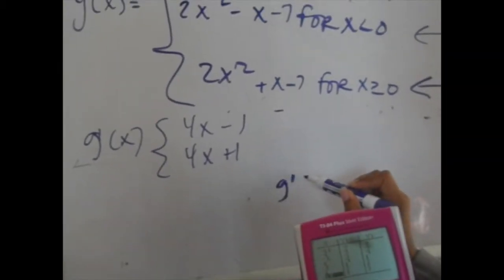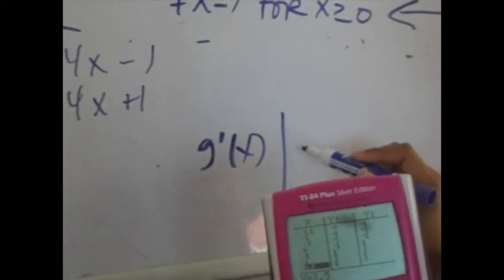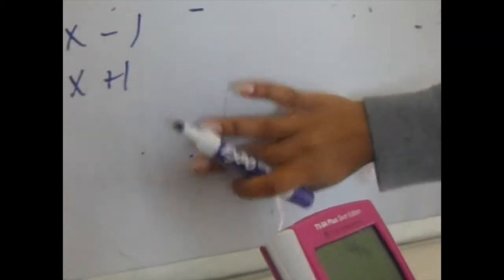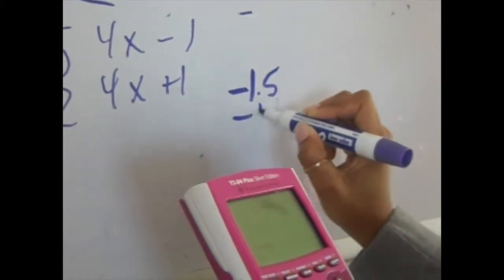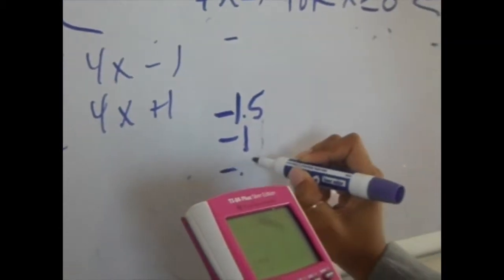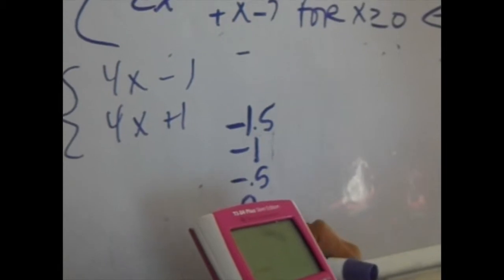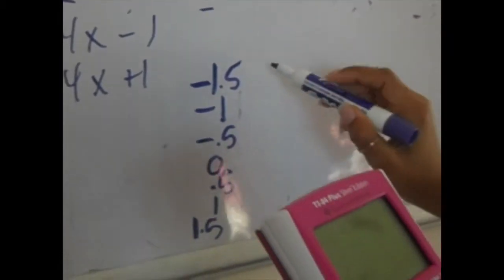So g prime of x, and you've got negative 1.5, negative 1, negative 0.5, 0, 0.5, 1, and then 1.5. These are just the x values across the top.